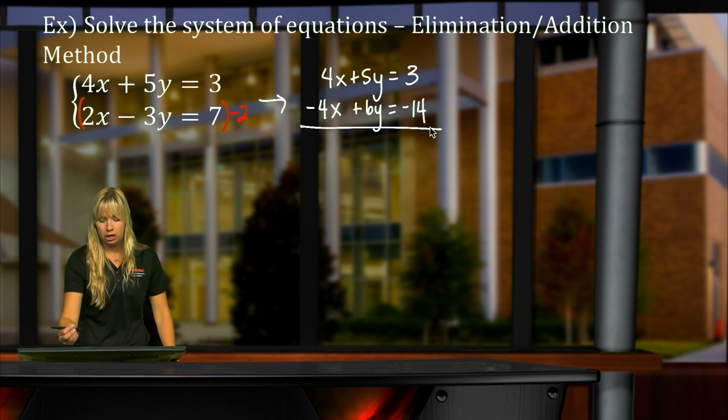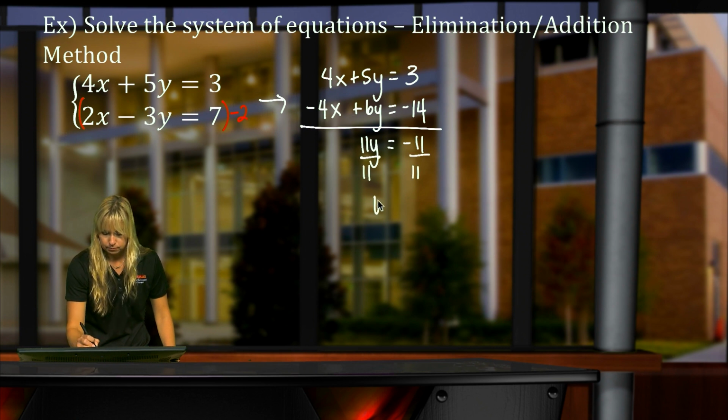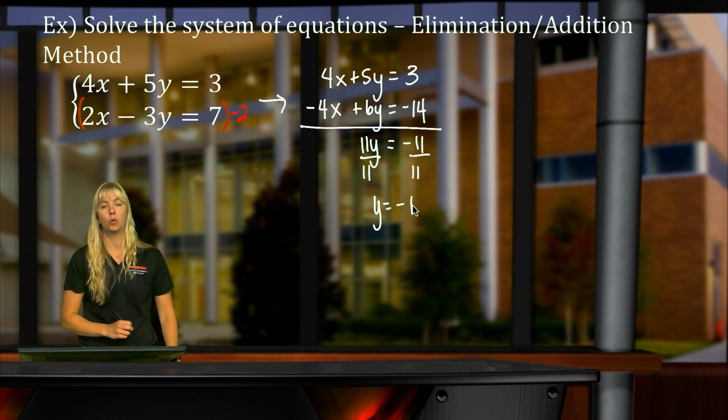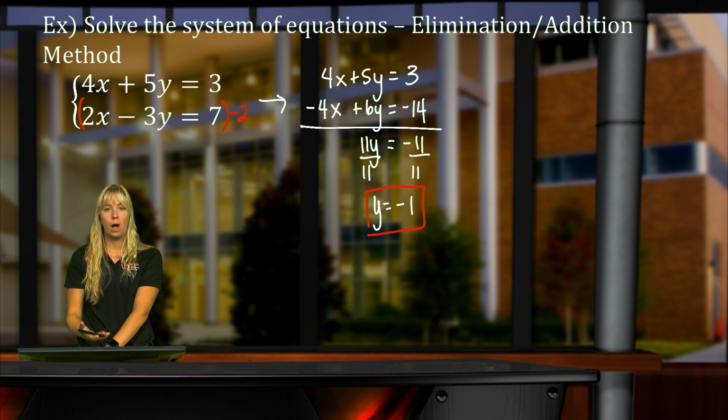When we combine like terms, 5y plus 6y is 11y. 3 minus 14 is -11. Divide both sides by 11. y equals -1. And now, just like in the previous example, we're going to take that solution for y and plug it into one of the original equations to solve for x.